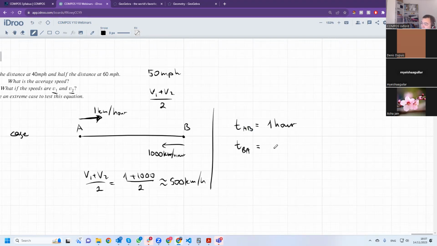Vishaka, a nice idea, but this has nothing to do with the difference between velocity and speed. So we don't care much about those. In this case, we're talking about speed. Okay, B to A, the time would be 1,000th of an hour.